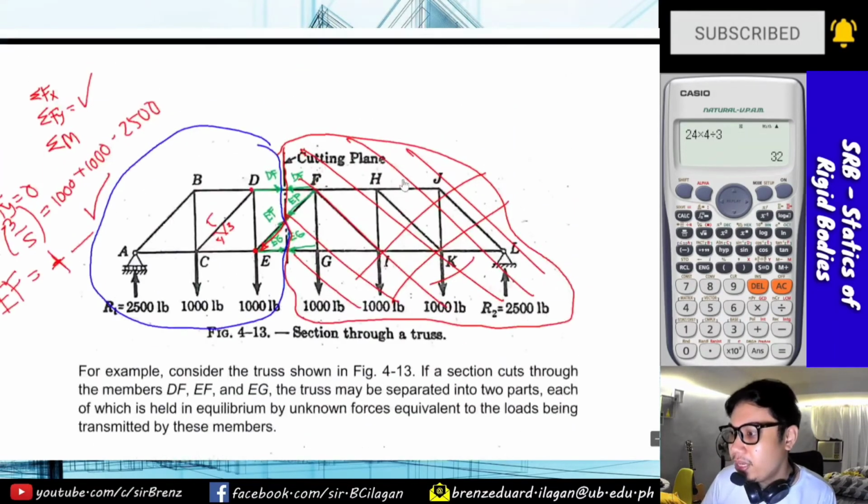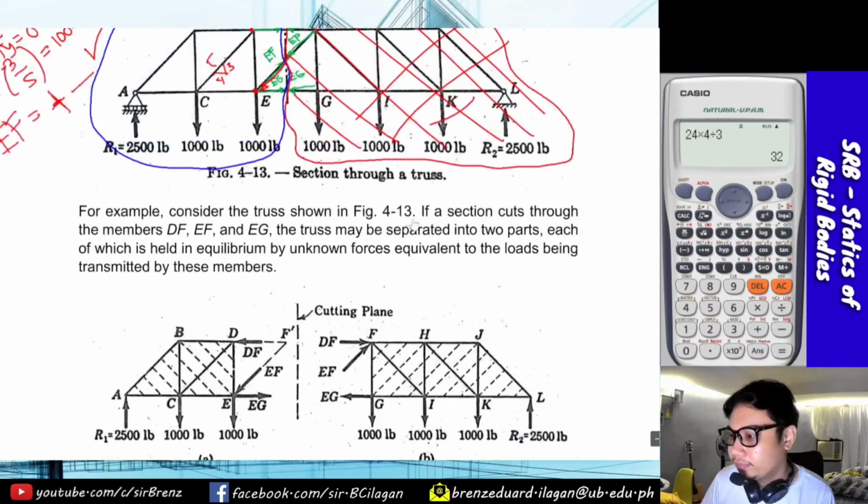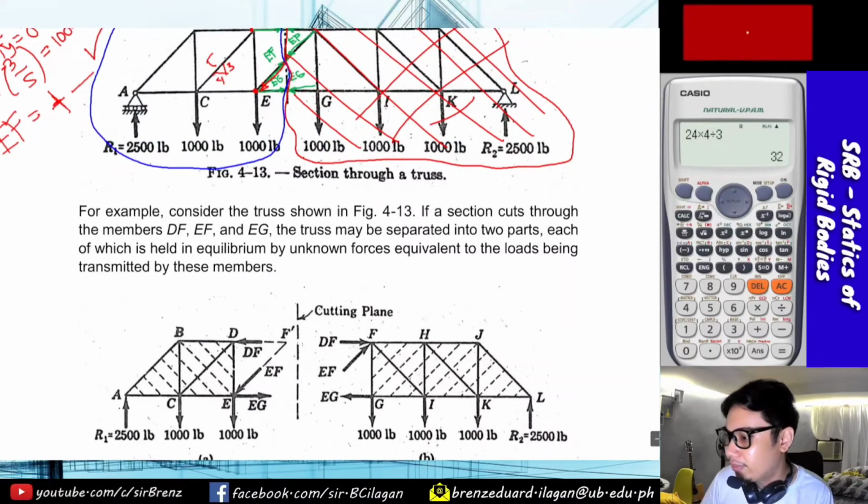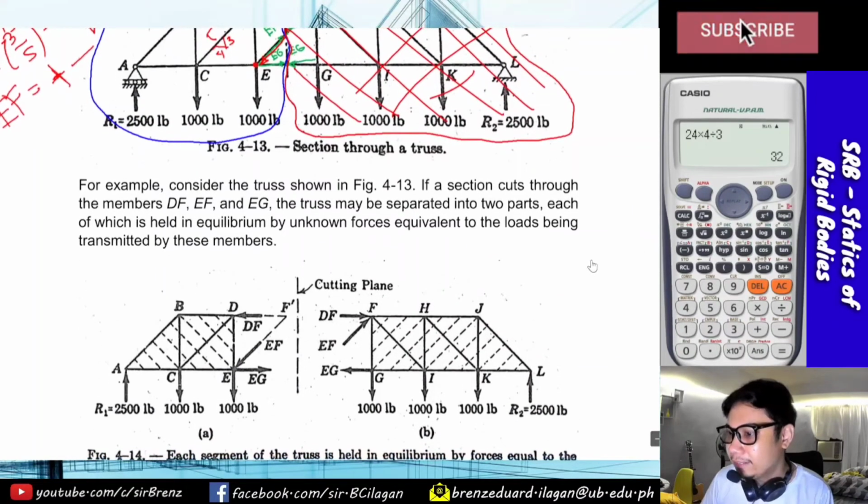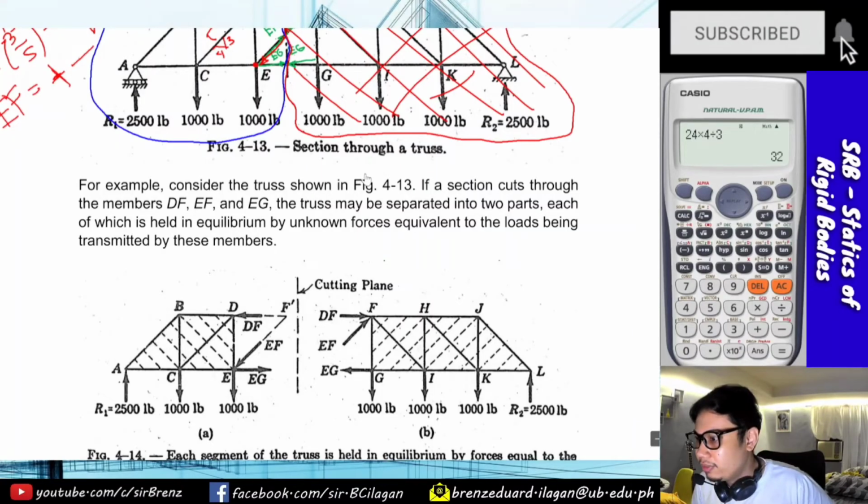So, for example, there is actually another diagram here. Let's make it harder for ourselves. So, for example, consider the truss shown in figure 4-13.